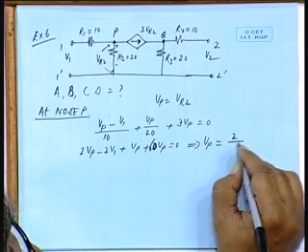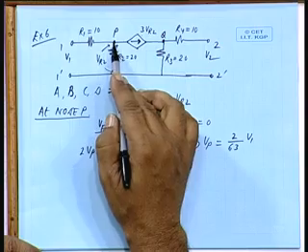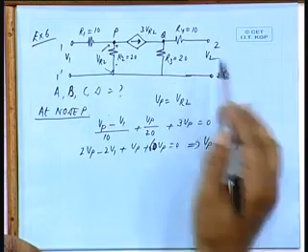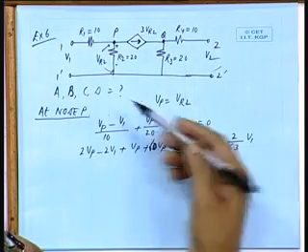So, Vp is 2 by 63 V1. So, this potential is fixed, so long as your supply voltage is V1, irrespective of whatever you put on this side. It is very interesting.